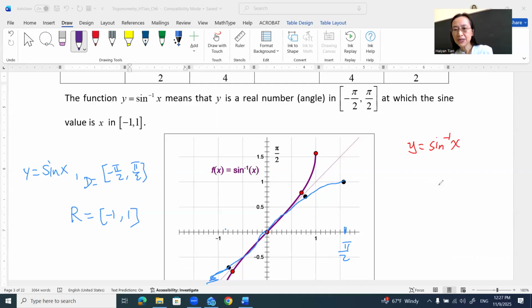We got 5 points from the second table, and this domain is the range of the original function. And the range of inverse is the domain of the original function.